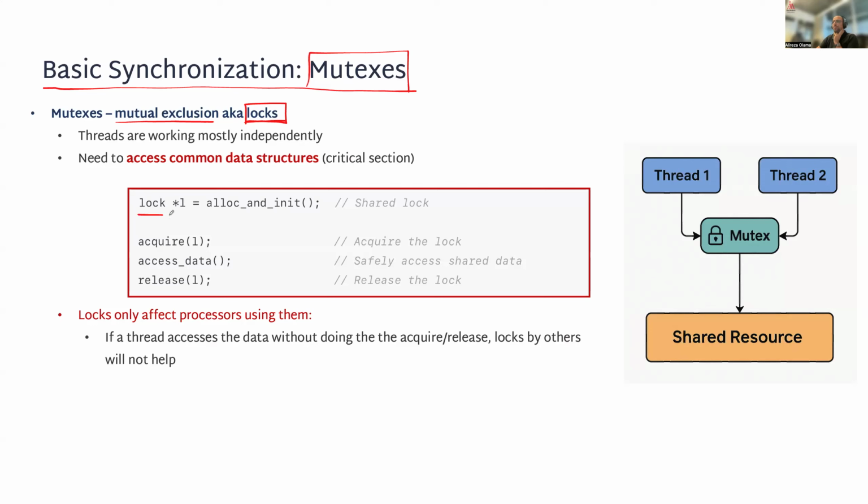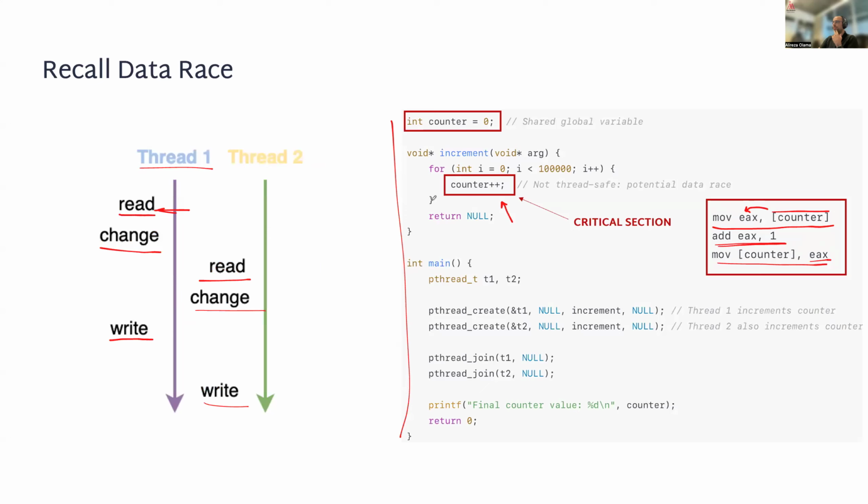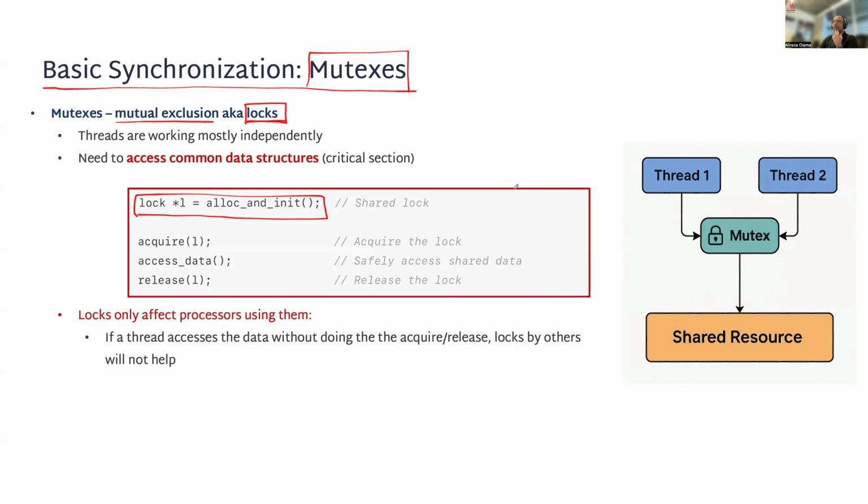You first need to specify a lock. So you declare and initialize a lock, and then your thread that is entering the critical section, where you have a shared variable, acquires the lock, right? Does the computations, and then it releases the lock when it is exiting the critical section, right?